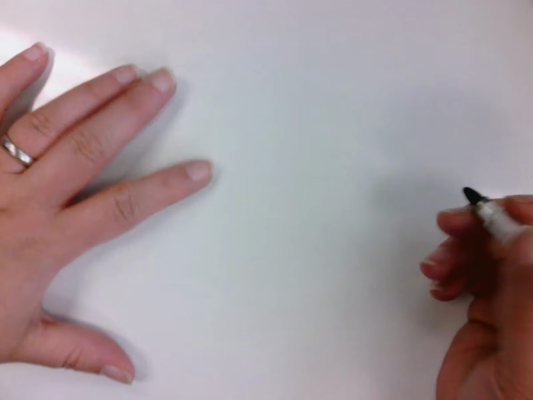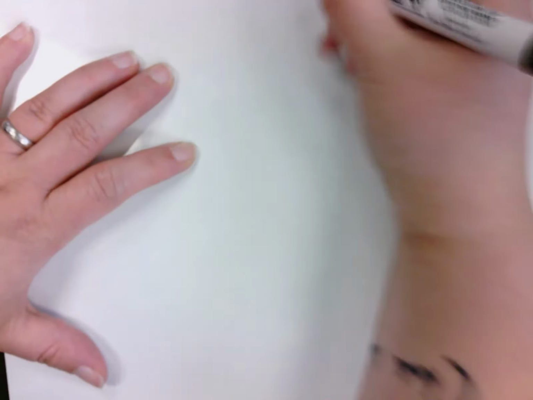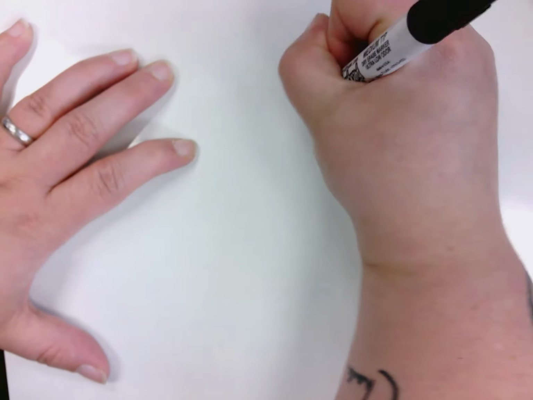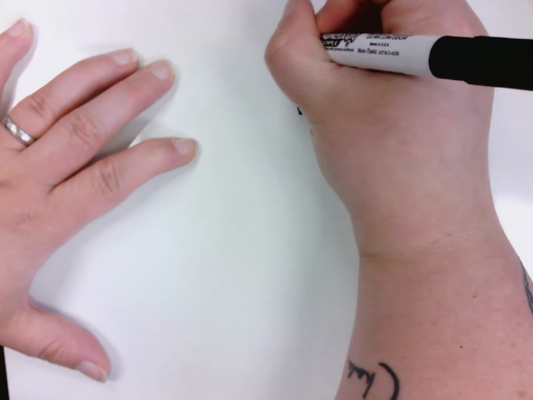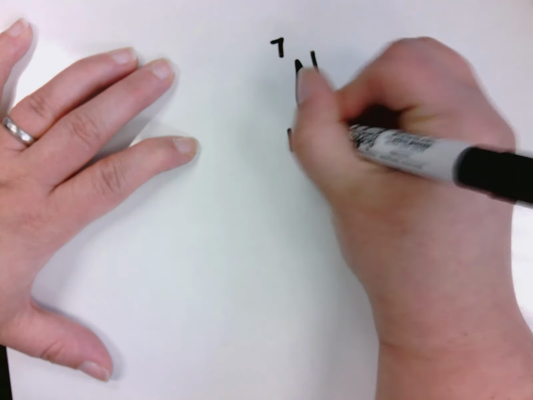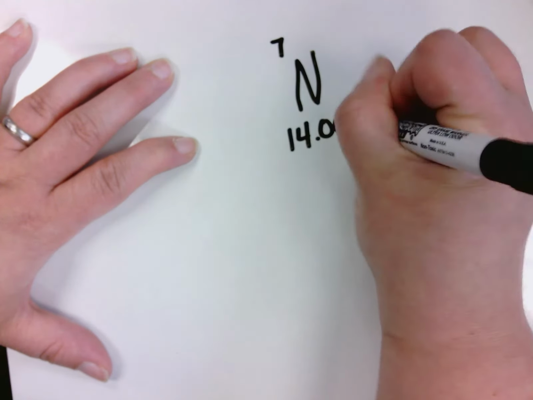Okay, let's start calculating protons, neutrons, and electrons given the info on the periodic table. So let's do nitrogen. Nitrogen has an atomic number of 7 and an atomic mass of 14.007.